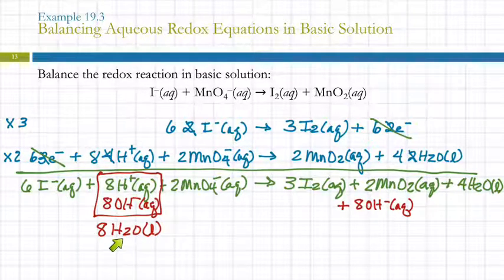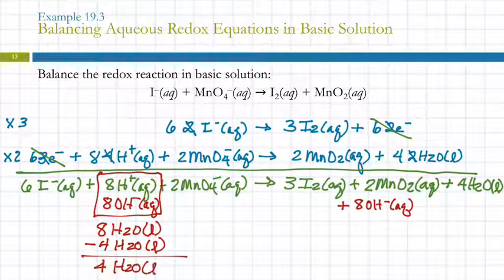Well, now I've got 8 water molecules over here, and I have 4 water molecules over there. Those end up being like spectators, right? So 4 of the water molecules that were over here did not react, they're just still hanging around. So you think of this in different ways. I'm going to subtract 4 H2O, and that'll give me 4 H2Os left.